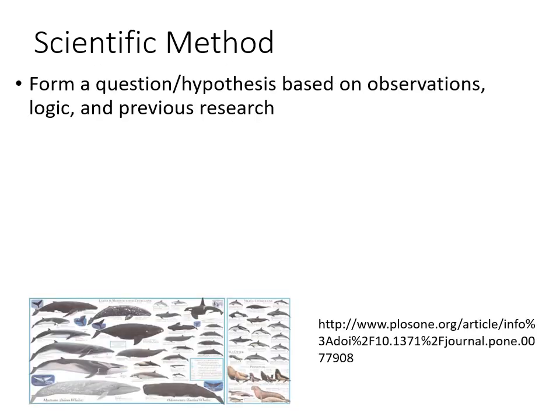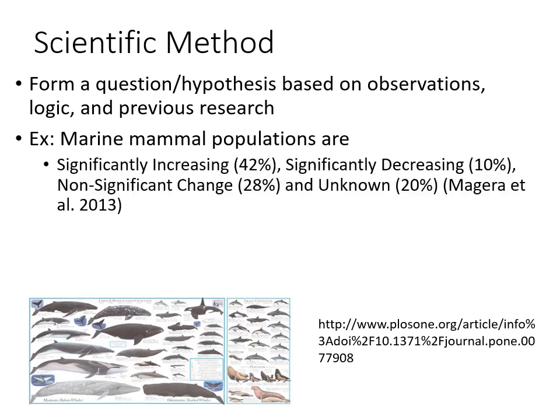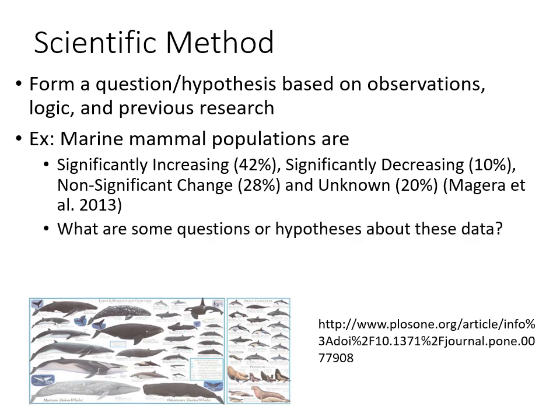So once we have worked through our logic, we can then ask a question and form a hypothesis as to why those things are occurring. So, for example, marine populations are significantly increasing, decreasing, not changing, and unknown in different percentages. This is based on a study done in 2013.